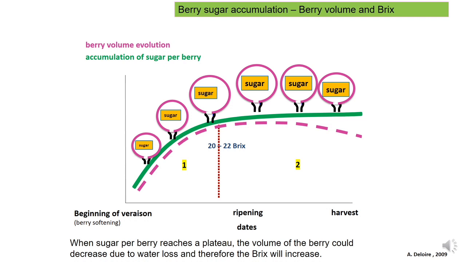And because the sugar per berry is stable, and because the fruit is losing water, the Brix is increasing. This is nicely showing that, in fact, the increase in sugar concentration, again, is just an equation between sugar per berry and the evolution of the volume of the fruit.